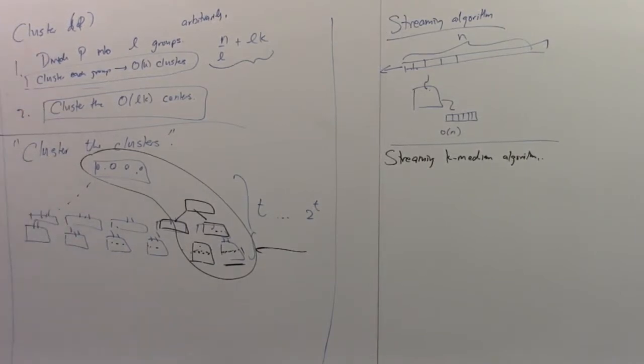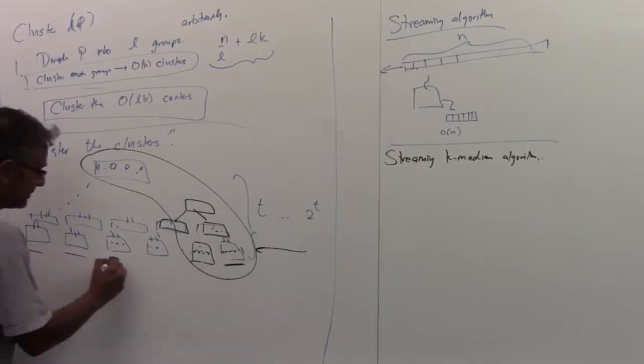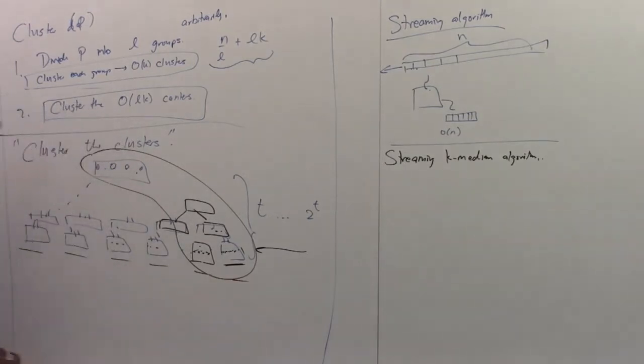So we know that if you have, let's say, S nodes at the base, and you merge them up pair by pair, the number of levels in the tree you're going to need is something like log S.